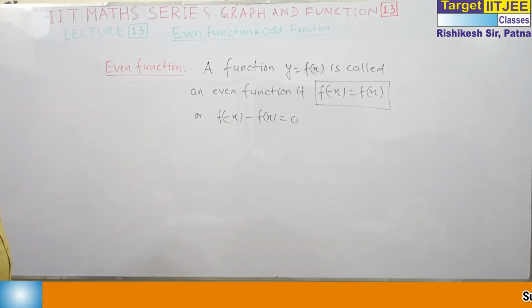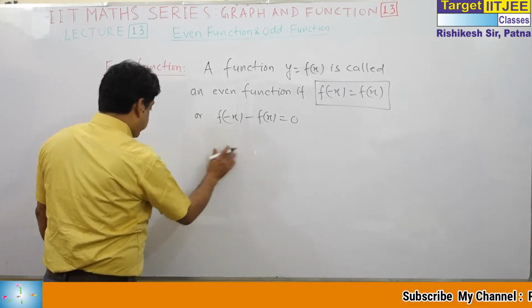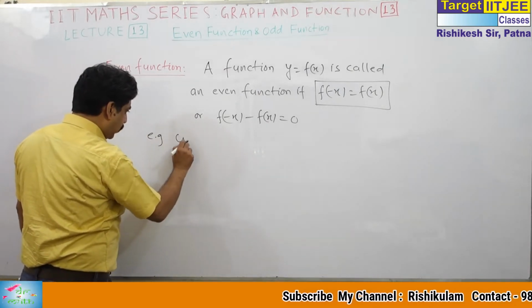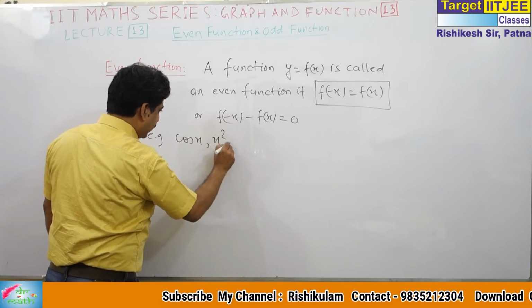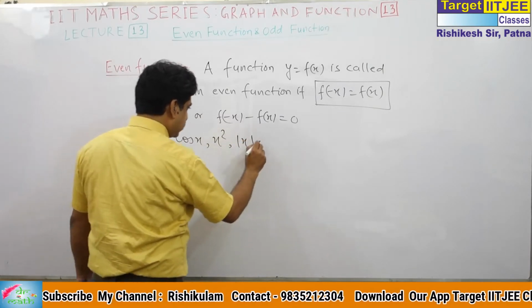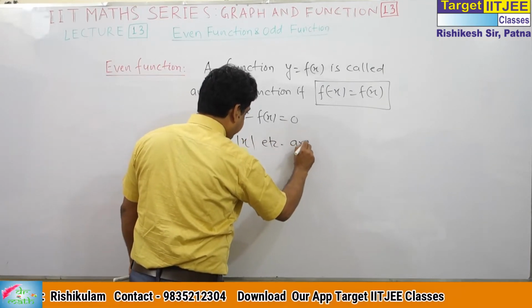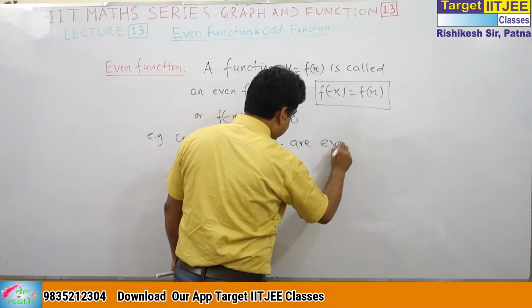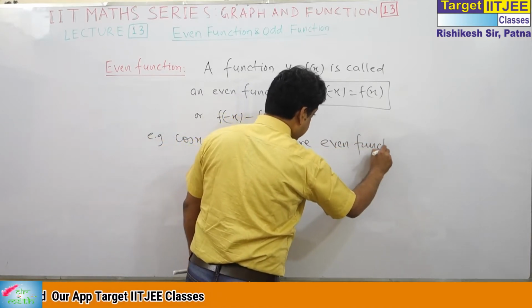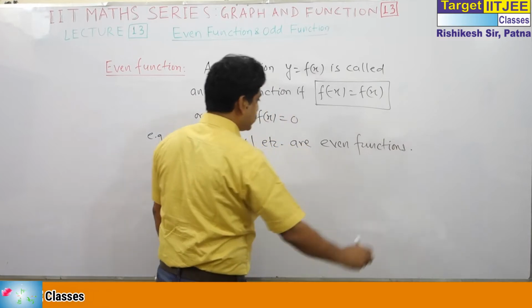Now, for example, cos x, x square, mod x, etc. are even functions. Why even functions?